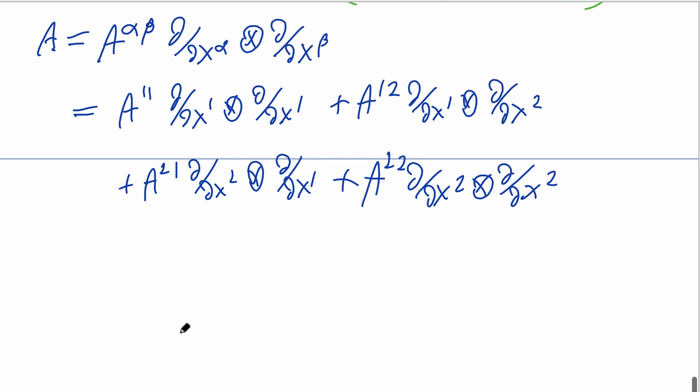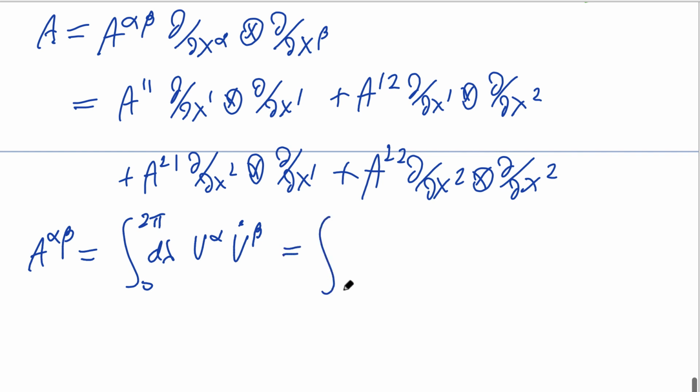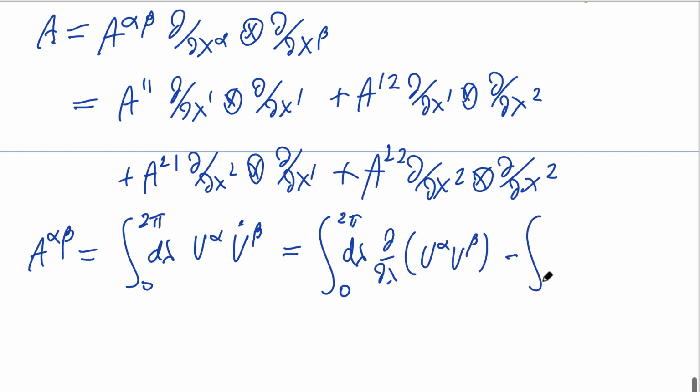Now let's notice a very important feature of this tensor A. It has components A alpha beta equals the integral from 0 to 2 pi over the loop of V alpha V dot beta. Now let's integrate by parts and write this as the integral from 0 to 2 pi of the partial with respect to lambda of V alpha V beta, minus the integral from 0 to 2 pi d lambda of V dot alpha V beta.